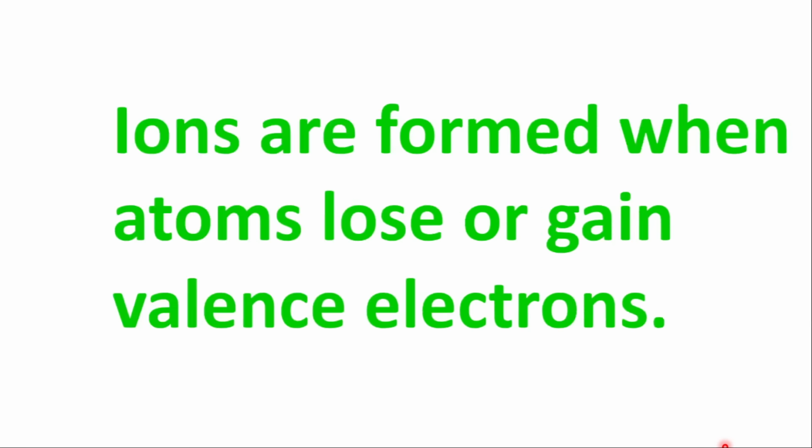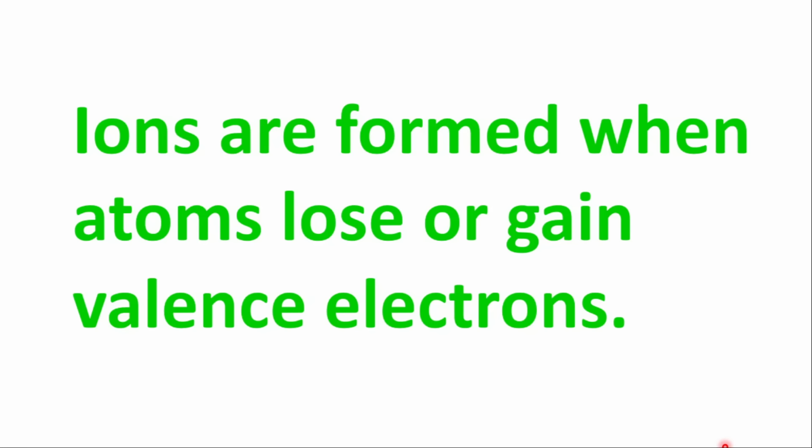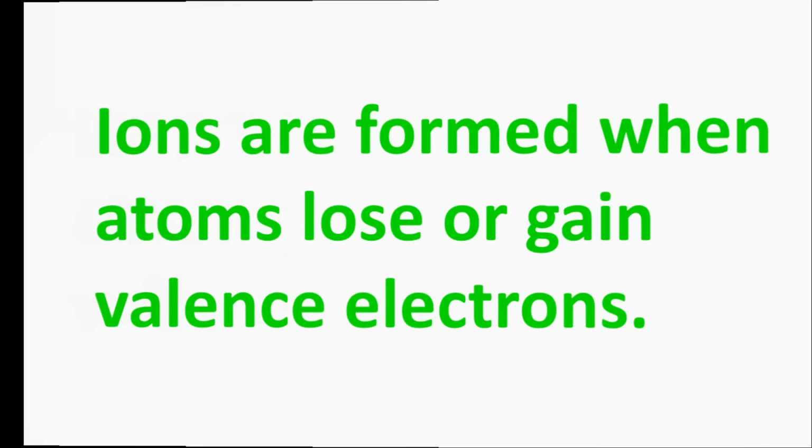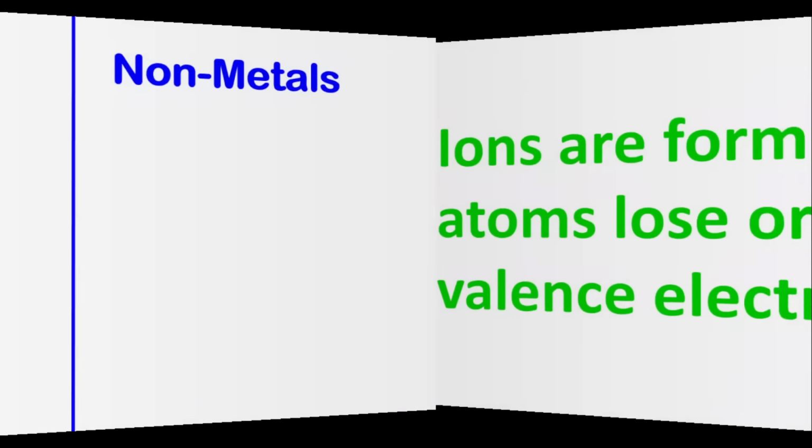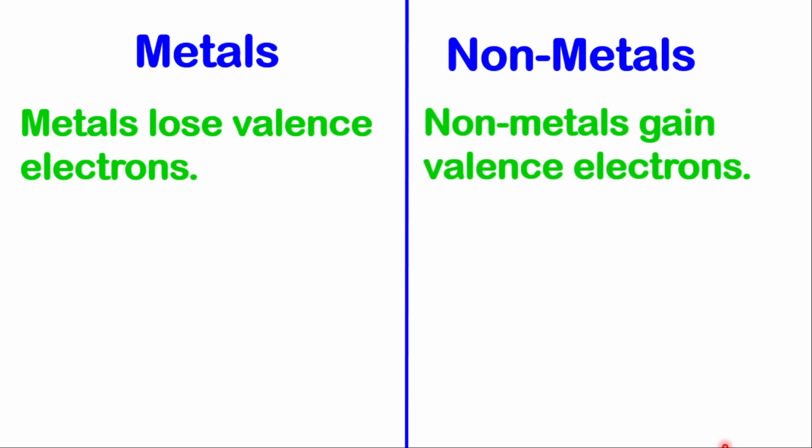Again, as I just mentioned, ions are formed when atoms lose or gain what? Valence electrons. Not just any electrons, but the valence ones, the ones on the last shell, those that can be easily lost or gained. And so, again, metal versus non-metal. Metals lose valence electrons, so it's easier to lose electrons from metals, and it's easier to gain electrons for non-metals, all right?